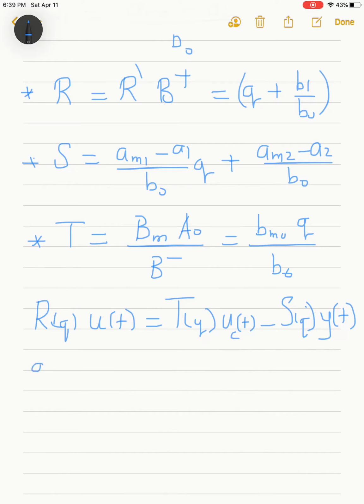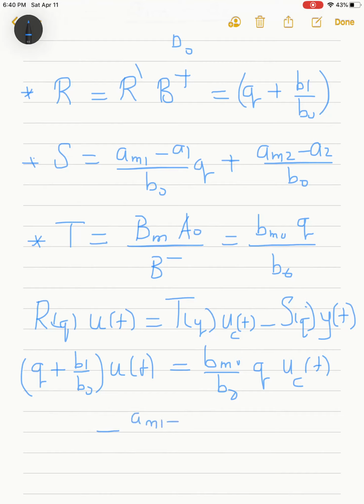R is just q plus b1 over b node times u of t, and that would be equal to T, which is bm node over b node times q times the set point uc, minus S, which is am1 minus a1 over b node times q plus am2 minus a2 over b node times y of t.